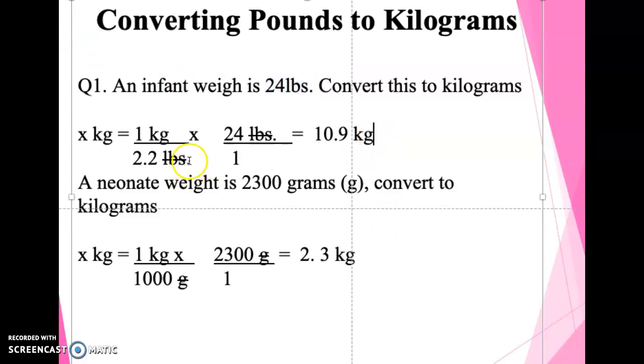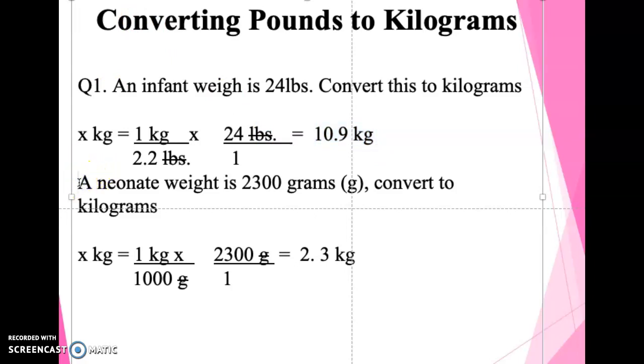Pounds and pounds cancel out. So we have 24 pounds divided by 2.2, which is equal to 10.9 kilograms. That's our answer for question number 1.